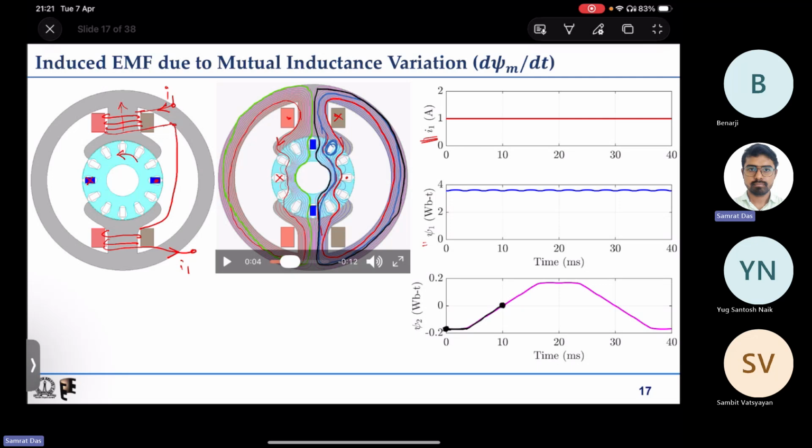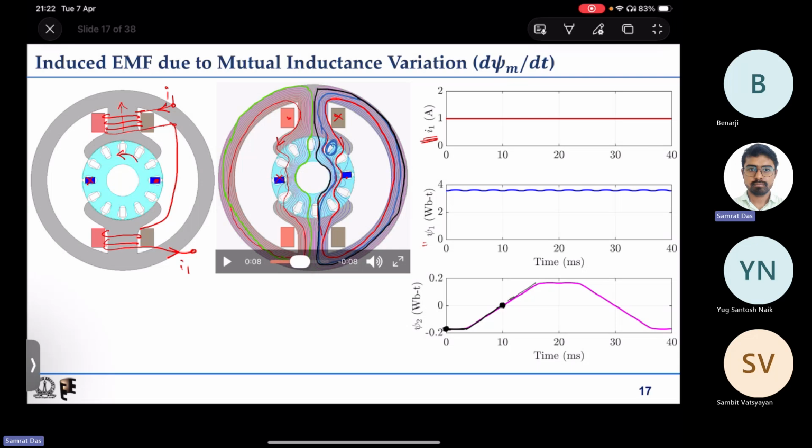This is the instant where I have stopped now. This is the position where the flux linking the second coil is actually 0. Now as it rotates further, you can see that some flux lines are linking the second coil, and at this rotor position it again reaches maximum.